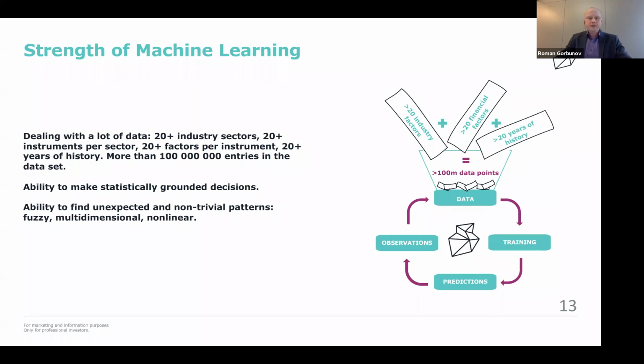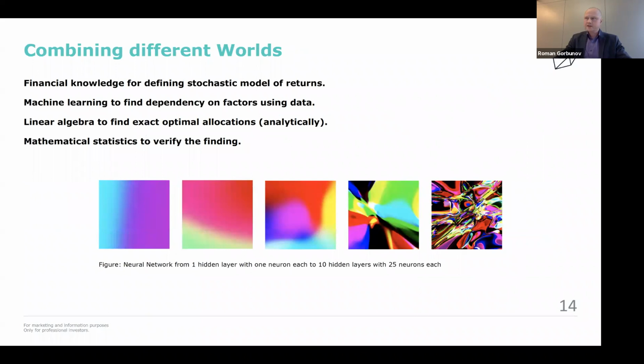On the next slide, I would like to emphasize that besides machine learning, we also combine knowledge from other worlds. Of course, the first field that we use is financial knowledge. Using financial knowledge, we define our stochastic model for the return, and I will speak about this in detail later.